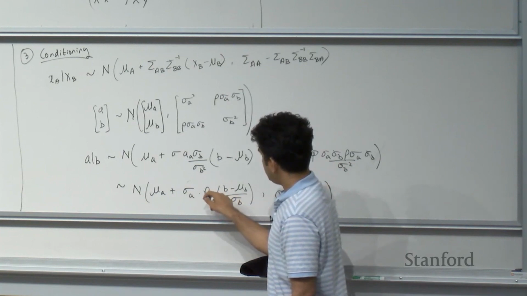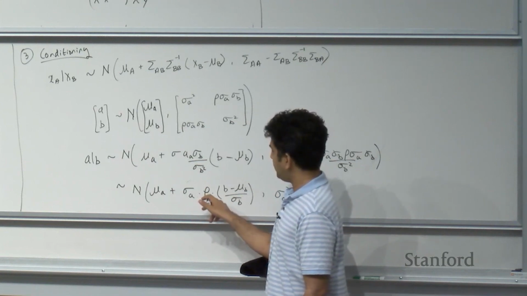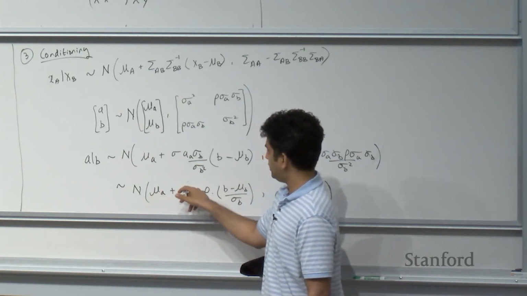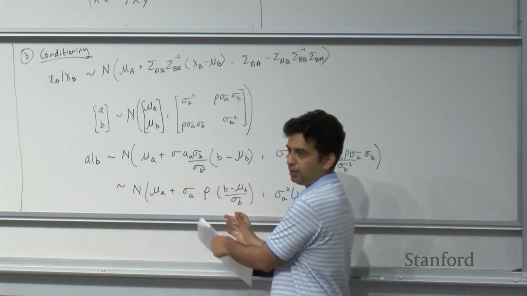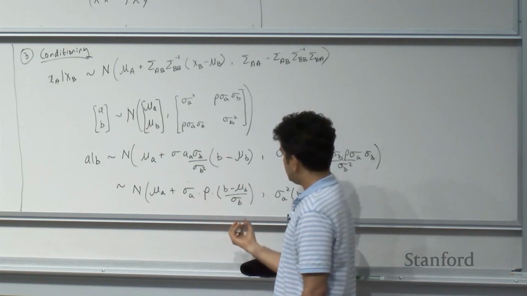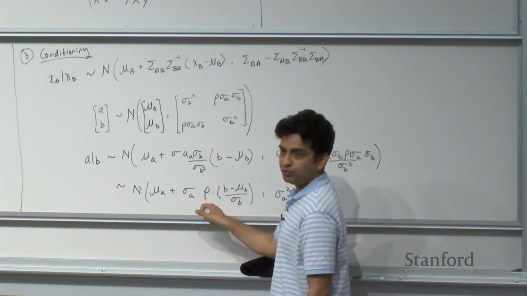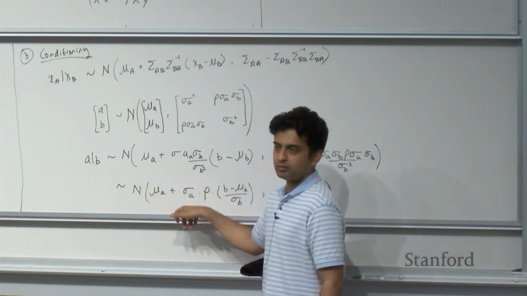Take the z value of b and multiply it by the correlation coefficient, and then retransform it back into a. Multiply it by sigma a and add mu a. Right? Take b, get it down to the z value, transform it using the correlation coefficient and then rescale it back into a's range.